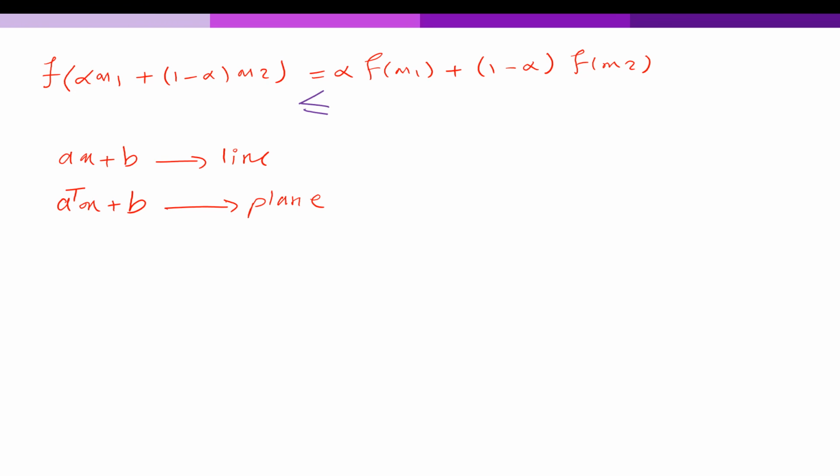For a plane to be convex, the 2 points must be on the plane. Therefore, we have only the equal sign.